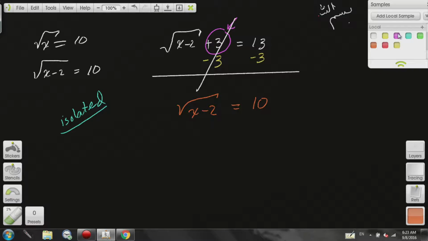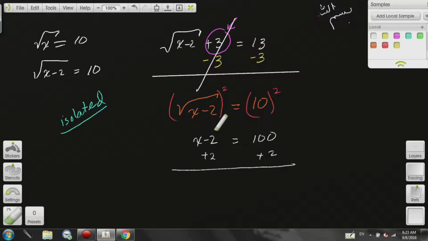See? And now I square both sides, like this. Then I get x minus 2 equals 100. And then I add 2 to both sides to solve the equation. I get x equals 102, like that.